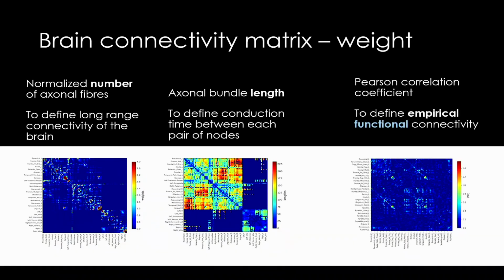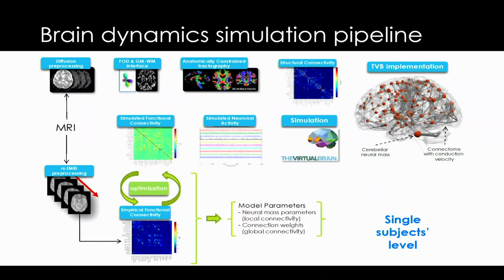And the final weight refers to functional connectivity, the functional connectome. Here we use the Pearson correlation coefficient in order to understand which areas of the brain are functionally connected to each other.